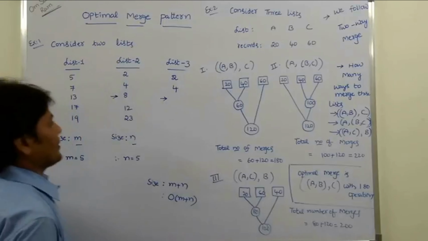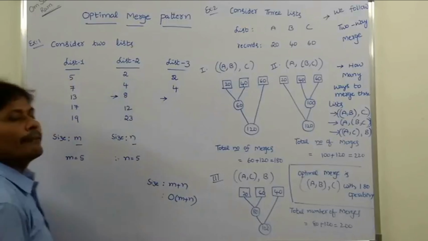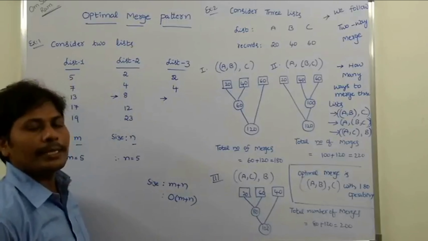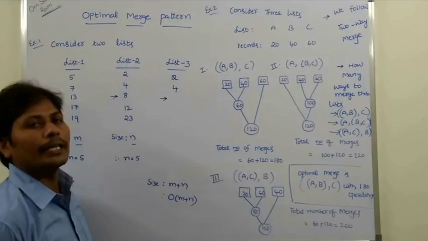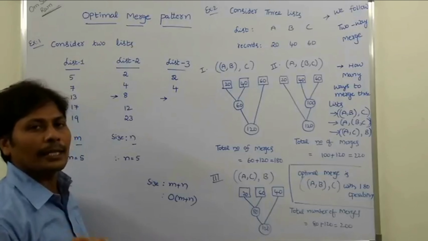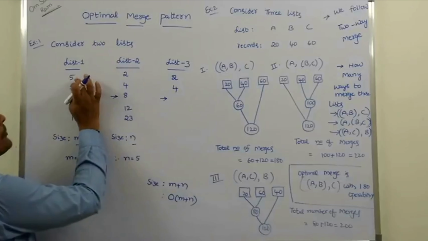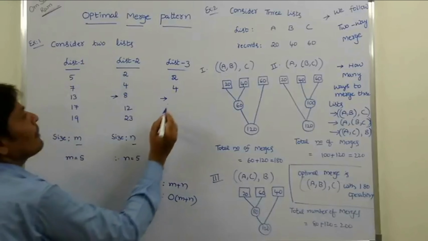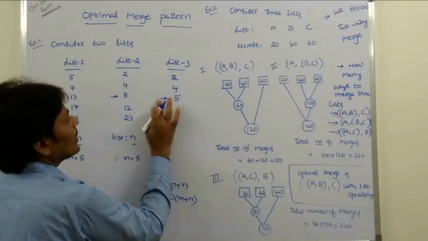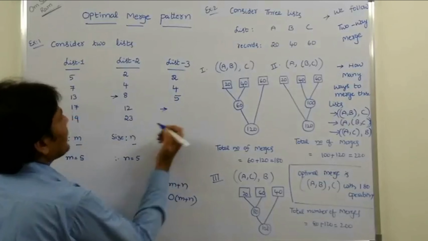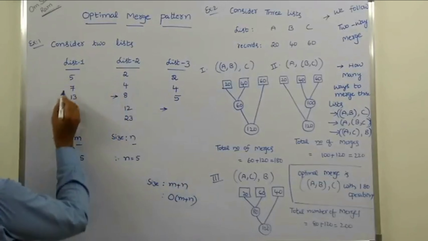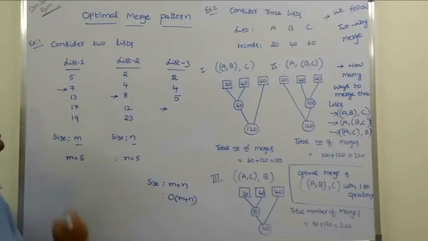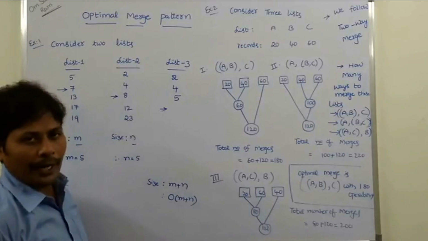Next, 5 is compared with 8. 5 is the lesser value, so the element 5 in list 1 is moved to list 3, and the pointer is incremented in list 1.